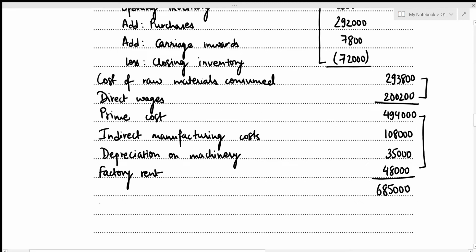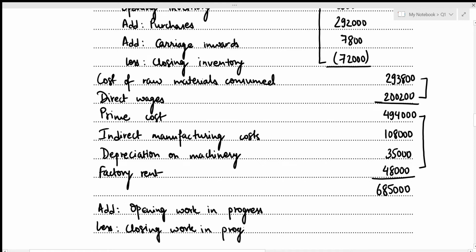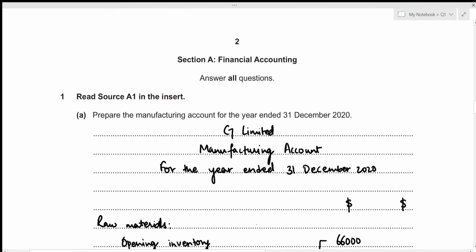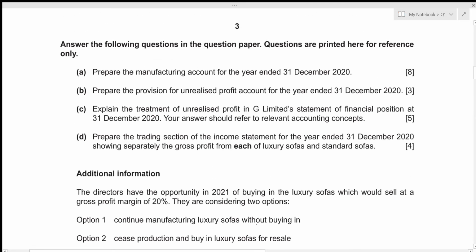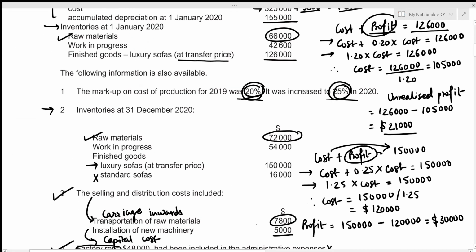So what we do is we add our opening work in progress, since we always add the opening inventory to our cost, but we subtract our closing work in progress. And after adjusting our work in progress, we will actually get the cost of goods manufactured. So let's have a look in the above information for the values for the opening inventory of work in progress and the closing inventory of work in progress.